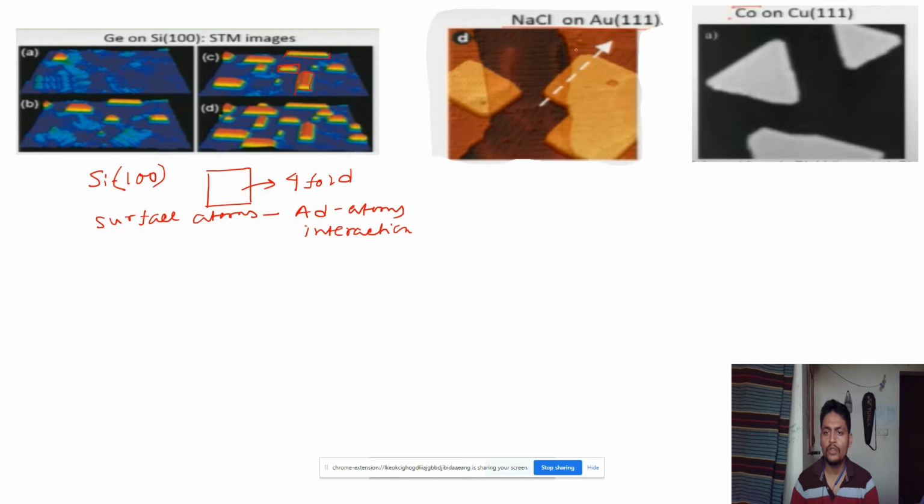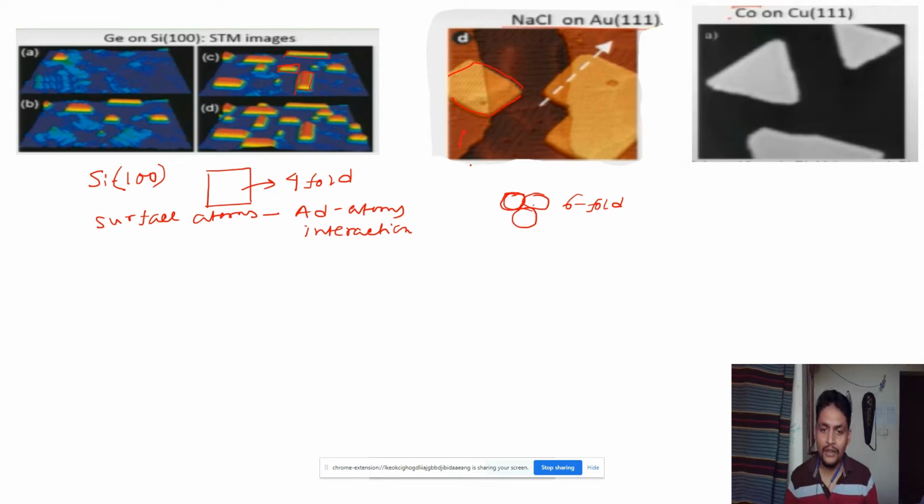Now come to the NaCl part. We know Au(111) will practically have a hexagonal pattern, or you can say the FCC(111) looks somewhat like this in three dimensions. So it has six-fold symmetry. But the adatom surface, just try to look at this, is a kind of square lattice.